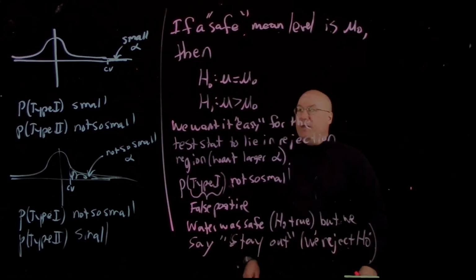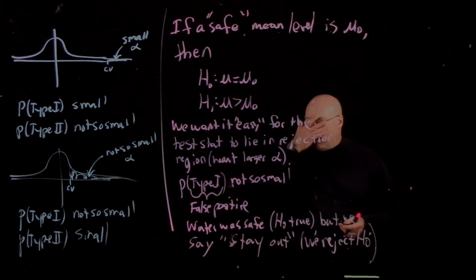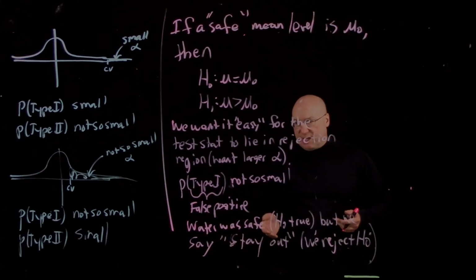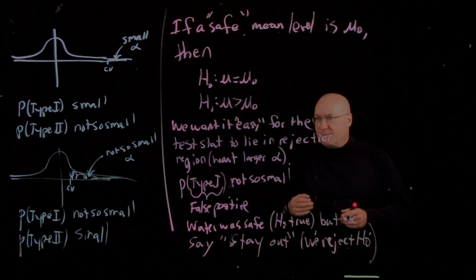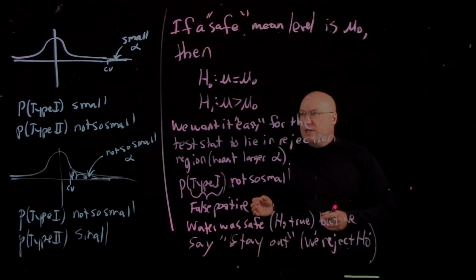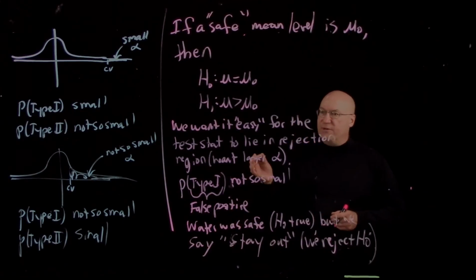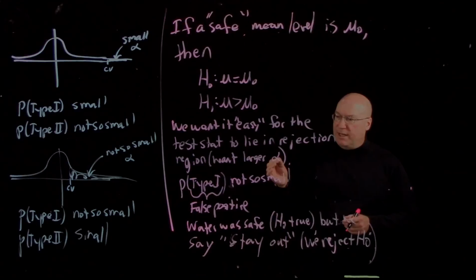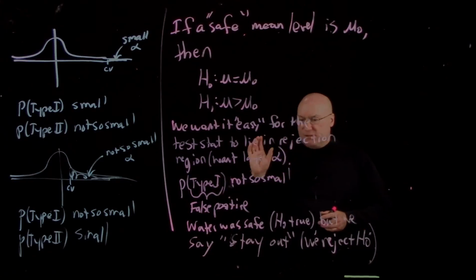If we had a type 2 error, what would happen? For a type 2 error, we fail to reject a null hypothesis that's... have I said it wrong? A false positive is when we reject a null hypothesis that is true.